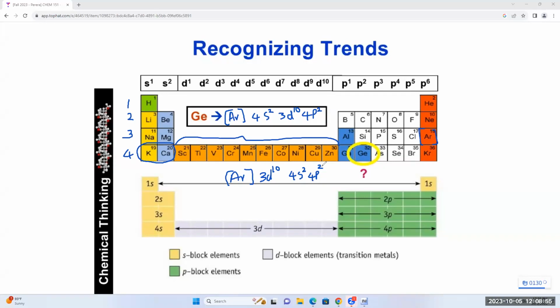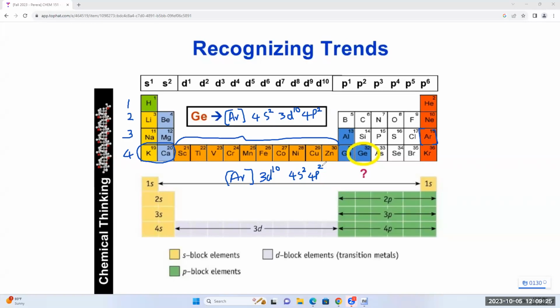Now, the caveat here is this, right? You see that before you fill 3d, 4s is filled, even though 4 is in a higher shell. The reason is 4s has a little part of it that has a lower energy than 3d, and that's why it is filled before 3d.